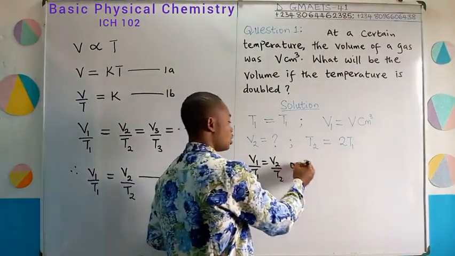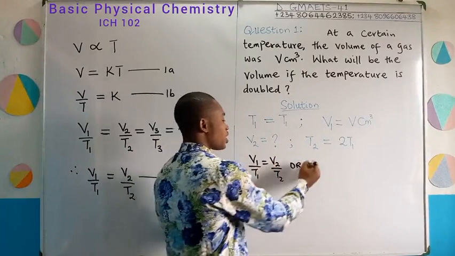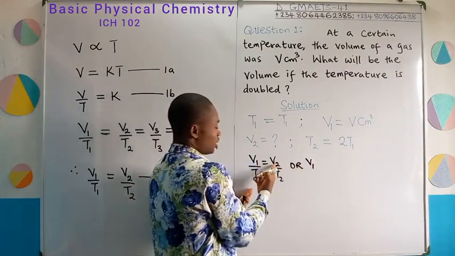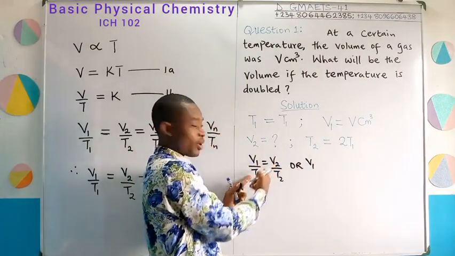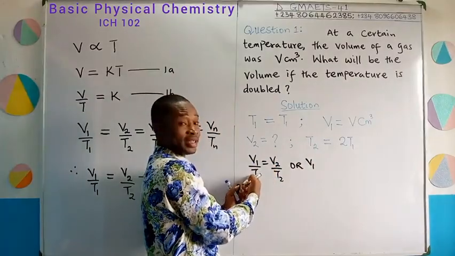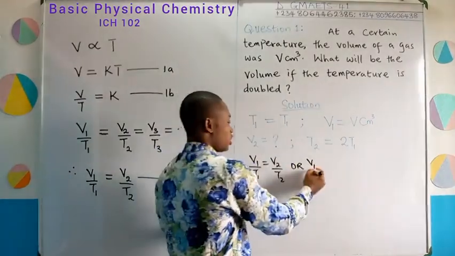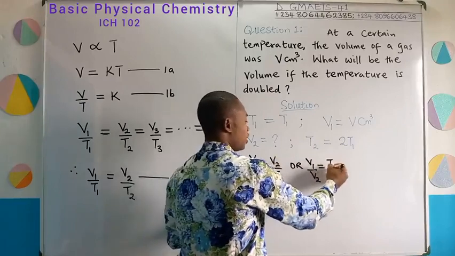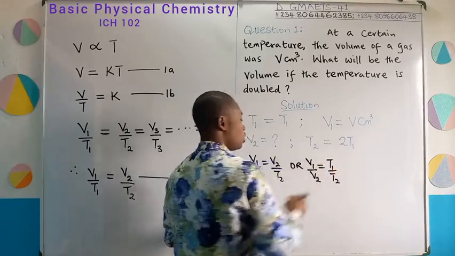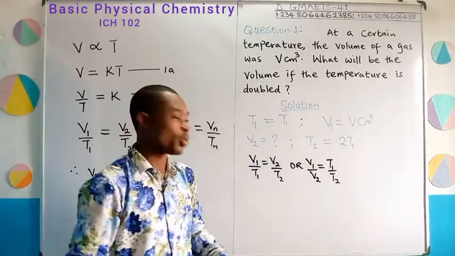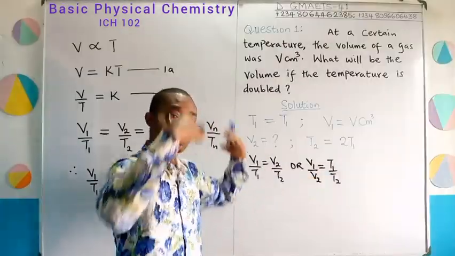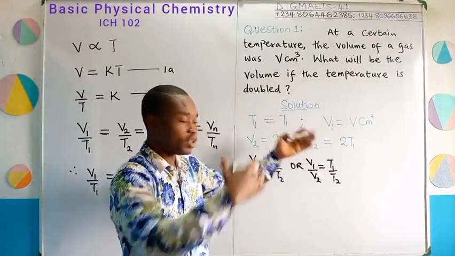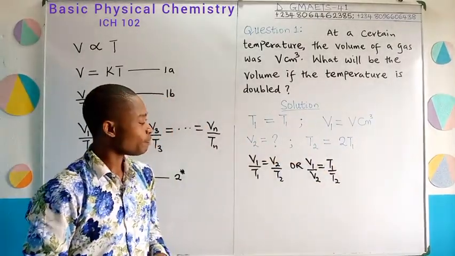Or, if you want to arrange the volumes on one side, we can cross multiply, interchanging the V2 position and T1 position. One can still write this equation in such a way that the final conditions will be the numerator and the initial conditions will be the denominator.